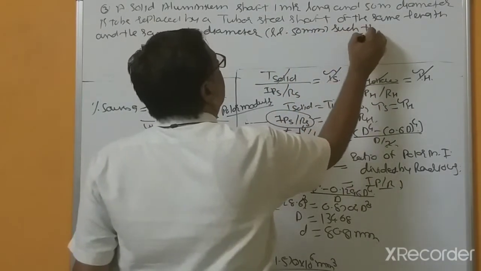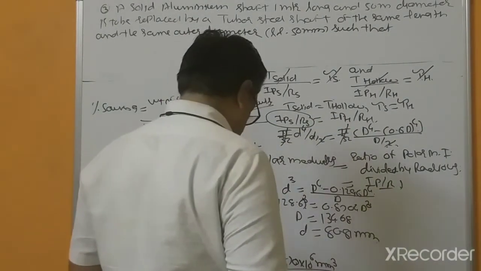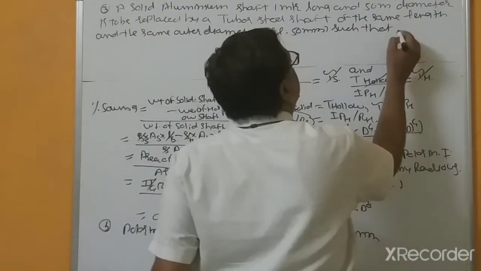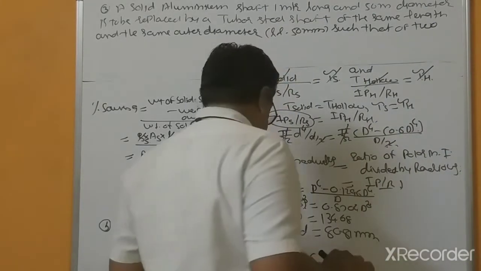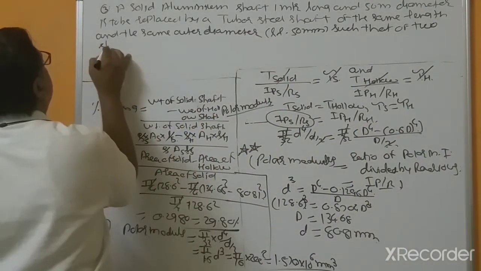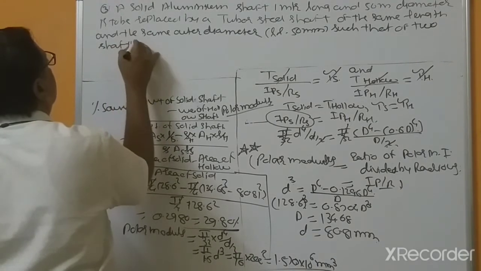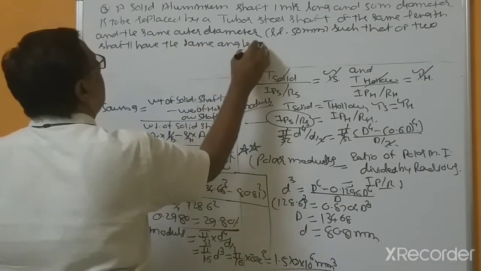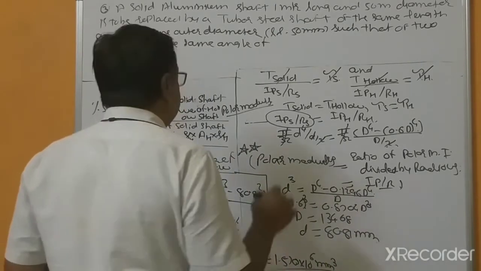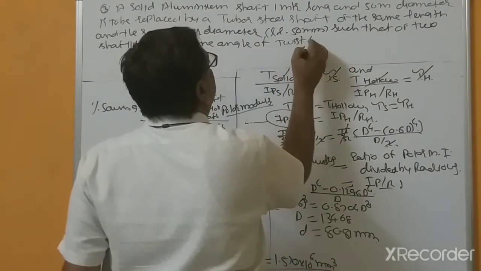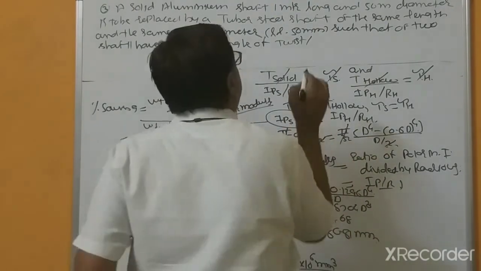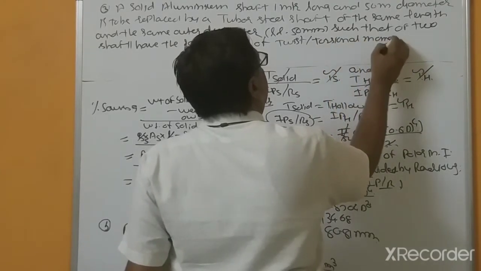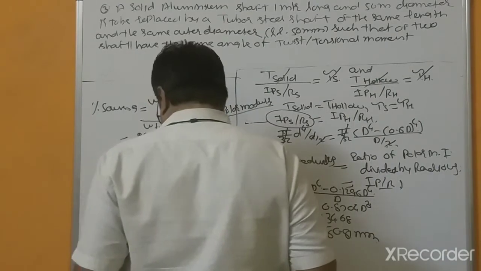such that the two shafts have the same angle of twist for unit torsional moment over the total length.